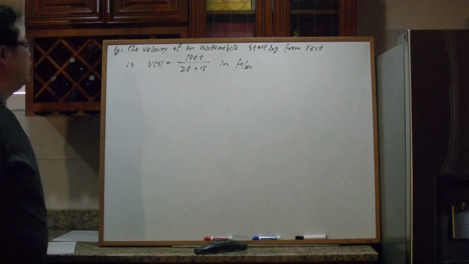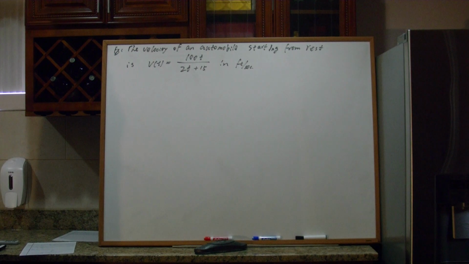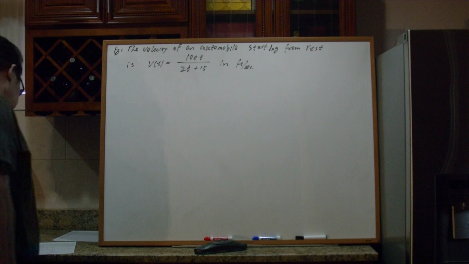And the velocity function is 100t over 2t plus 15 for an automobile starting from rest, which means time is bigger than or equal to 0. We have the velocity function in feet per second. Find the acceleration.